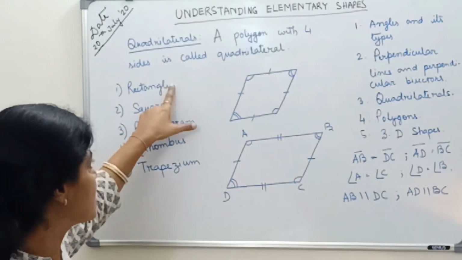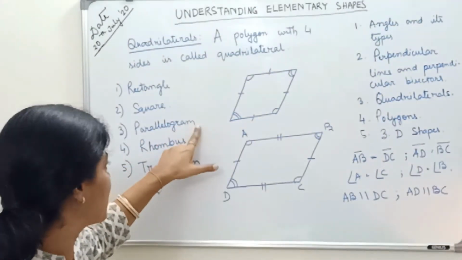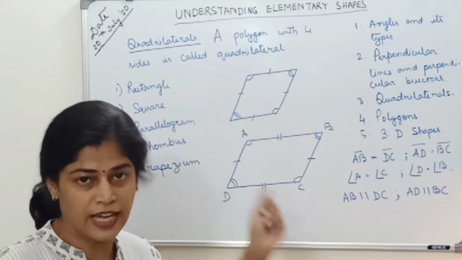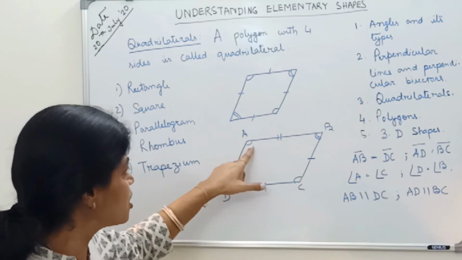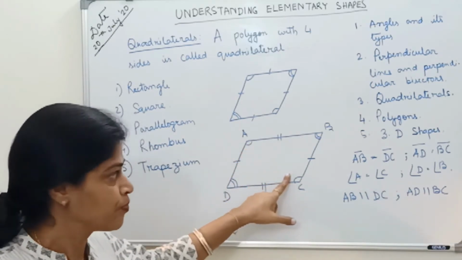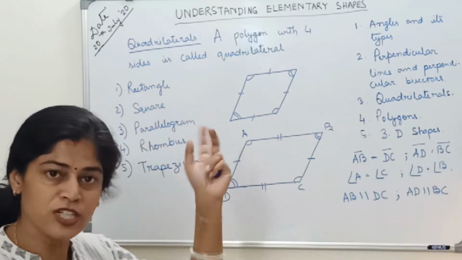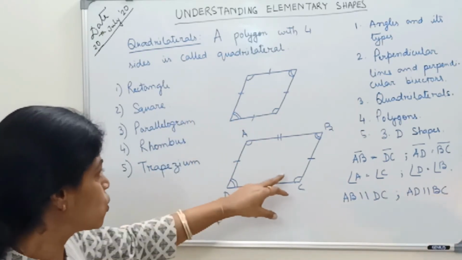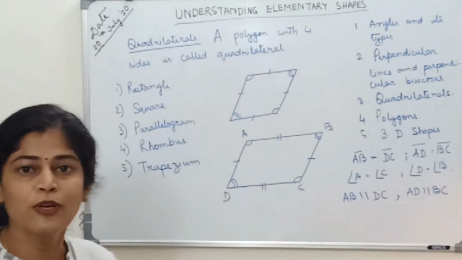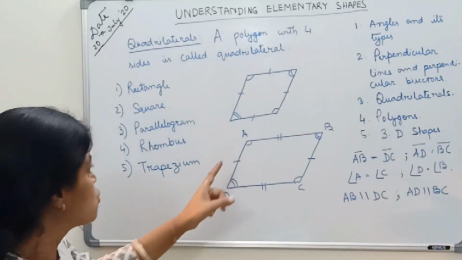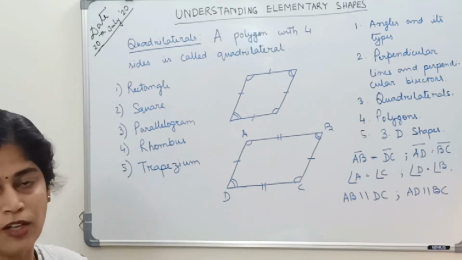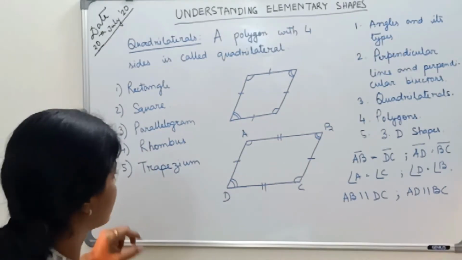So a rectangle can be said a parallelogram, but a parallelogram can't be said a rectangle. Why? In a parallelogram just opposite angles are equal, but in a rectangle all the angles must be 90 degree. So in a parallelogram all the angles may not be 90 degree.